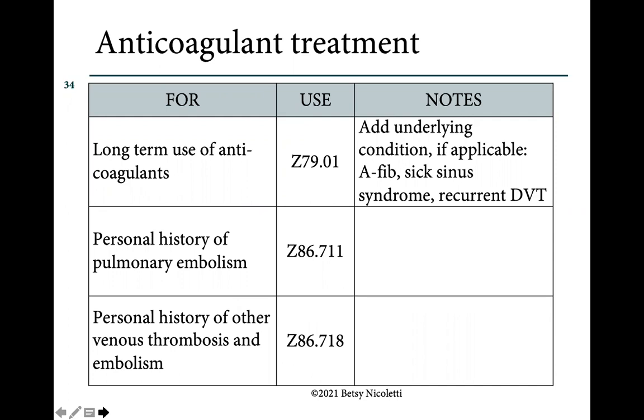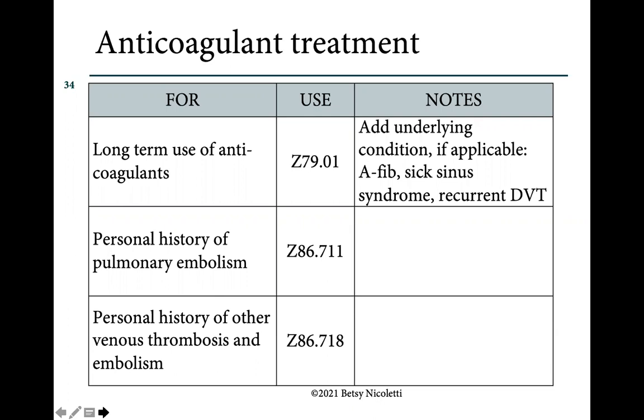If they have a personal history of a pulmonary embolism or thrombosis, we're going to add those codes. But if the patient still has the underlying condition, like AFib or recurrent DVT, we're going to make sure to add that code as well. The long-term use of anticoagulants does not have a risk-adjusted factor.